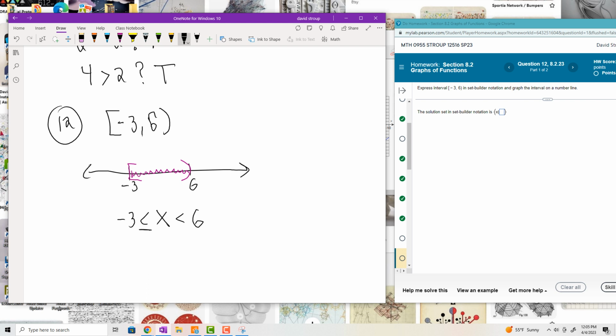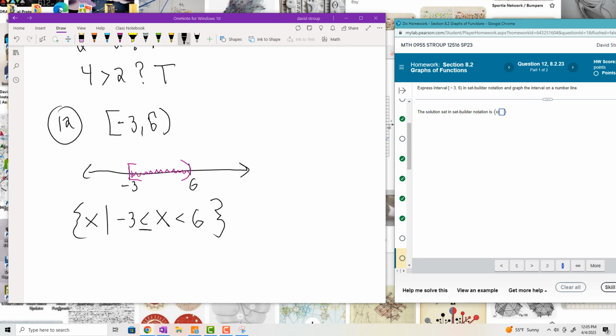Then to write it in set builder notation, you're just going to tack on this x and a bar and then some curly brackets. So it's read as the set of all x such that x is in between -3 and 6. X is greater than or equal to -3, but less than 6. Okay. So on the homework then, it's kind of already done the x and then the bar part, and you just write -3.